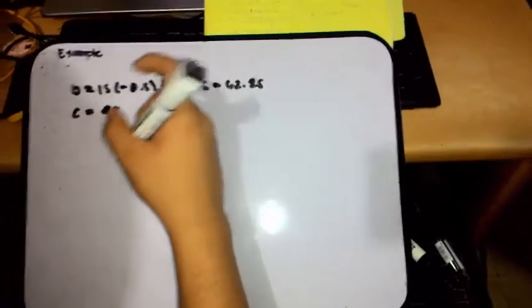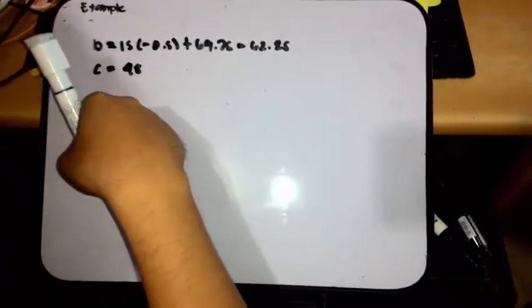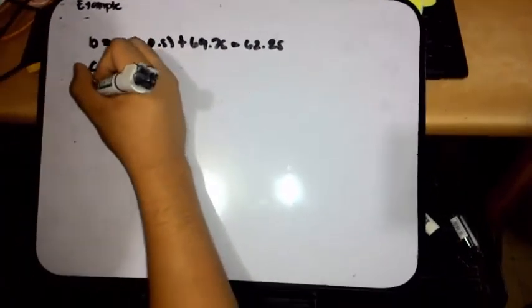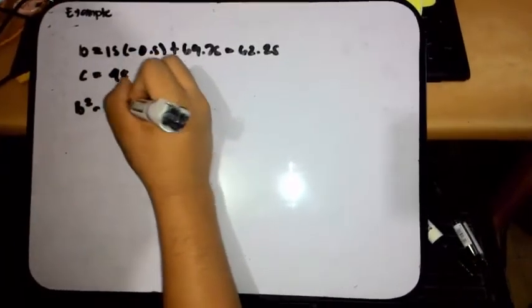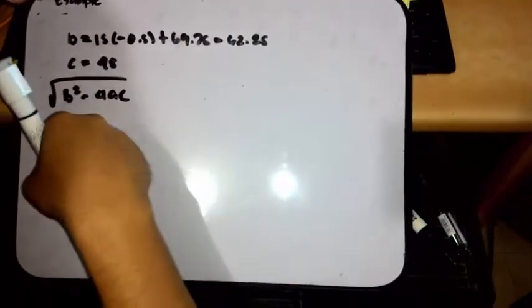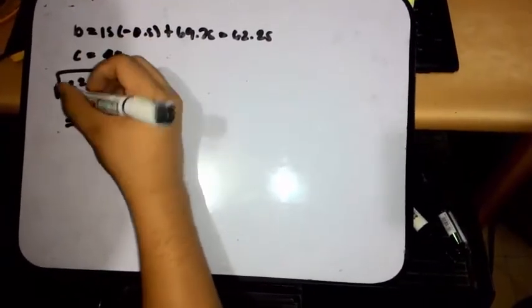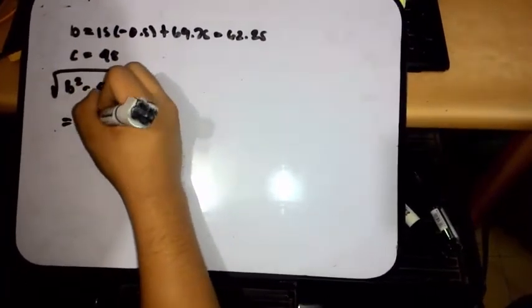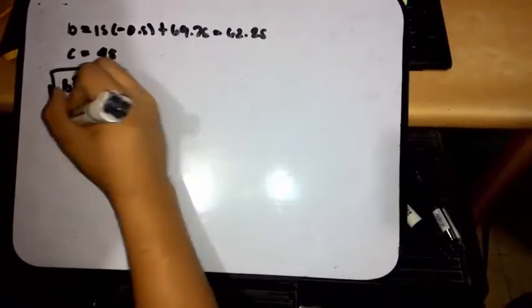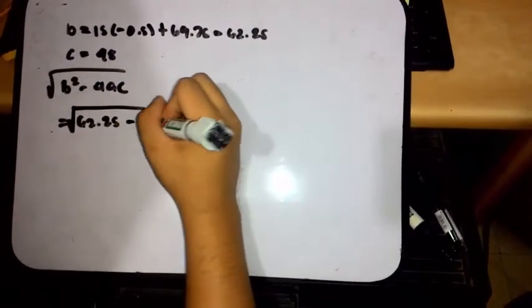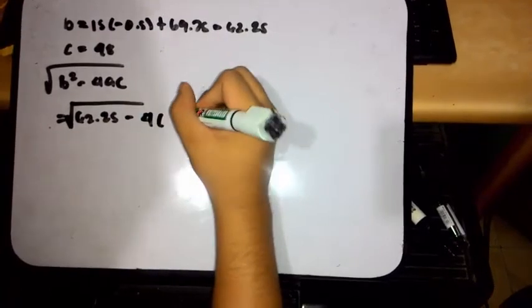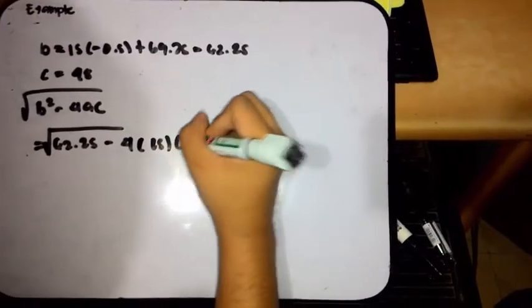Now we can use these in determining our root by using the discriminant, which is the square root of b squared minus 4ac. Now we substitute the values: b squared is 62.25 squared minus 4 multiplied by 15 times 48.